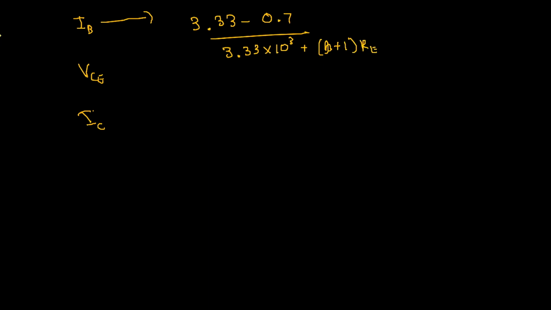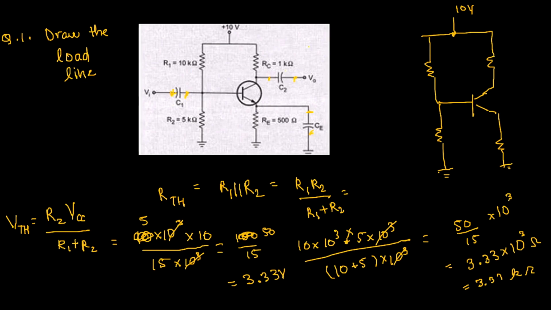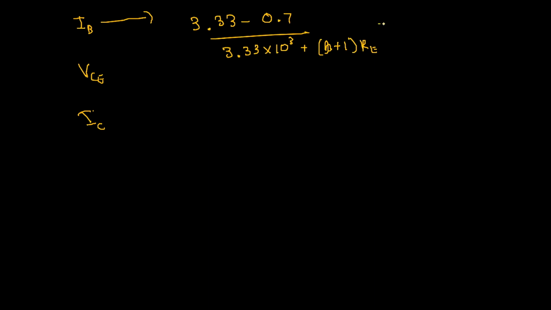I think this question has forgotten to give us the value of beta. So let's just take the value of beta to be 100. This should have been given in the question, and ideally it will always be given. But since it's not been given, let's just take a value which is easier for our calculation.